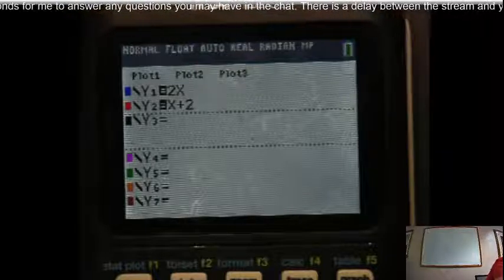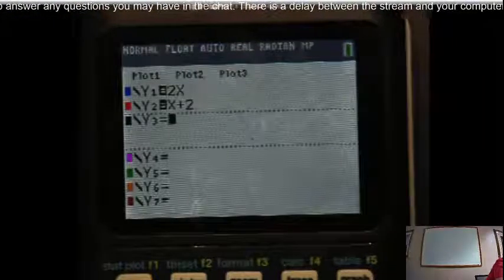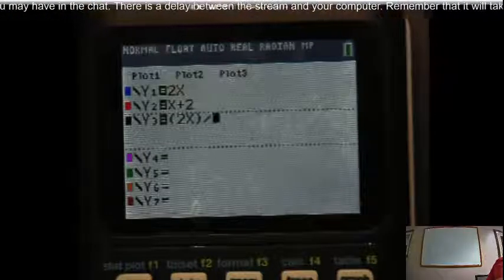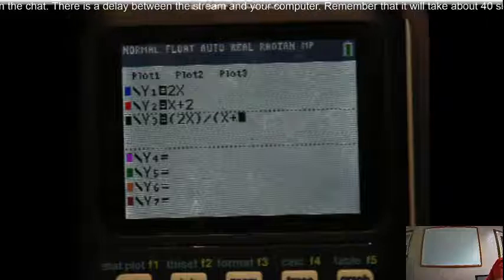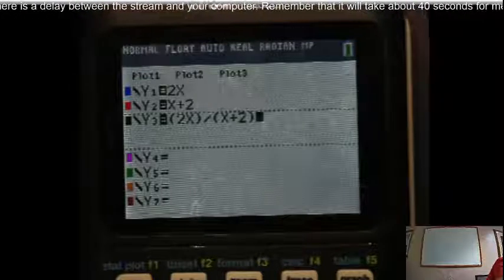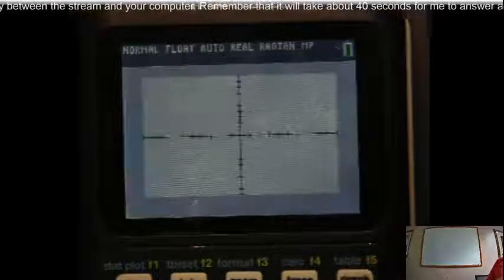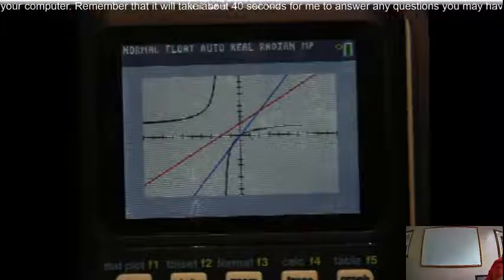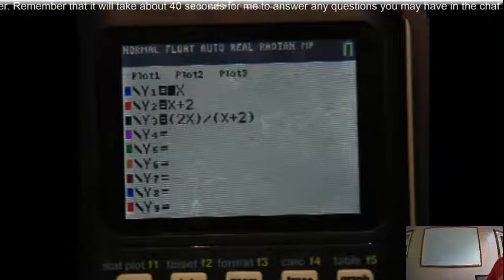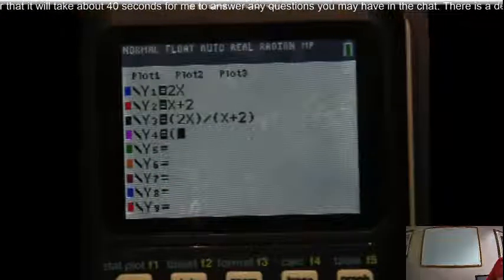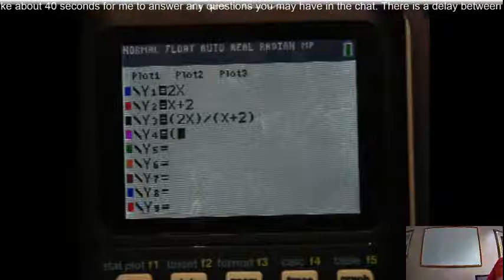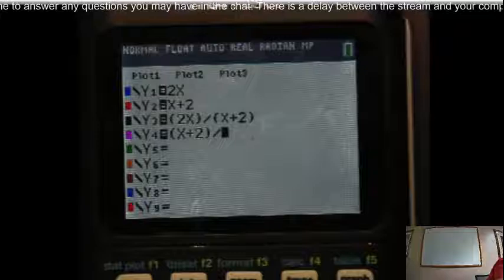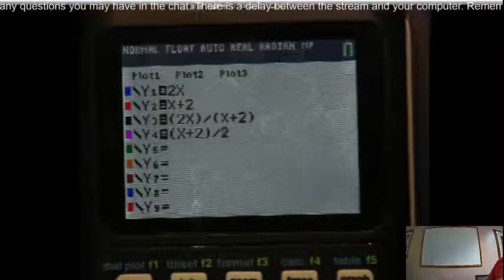So our f divided by g is 2x divided by x plus 2. And then our other one was the exact opposite, x plus 2 divided by 2x.